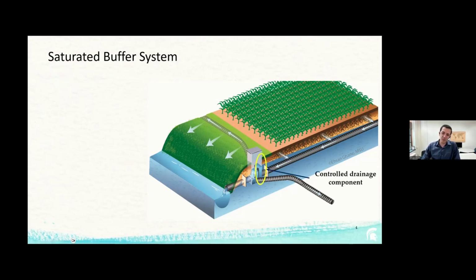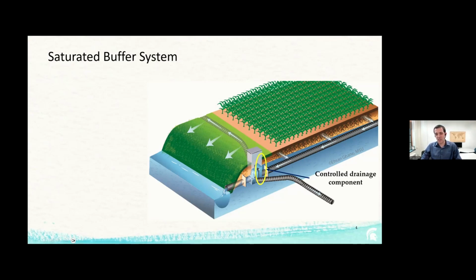As you can see in this diagram, we have laterals, which are these pipes under the ground, and then you've got a main pipe collector here that flows into the ditch and carries water away, and you've got a control structure. The control structure diverts water sideways into these perforated pipes. That's the main component that I'm going to get to.